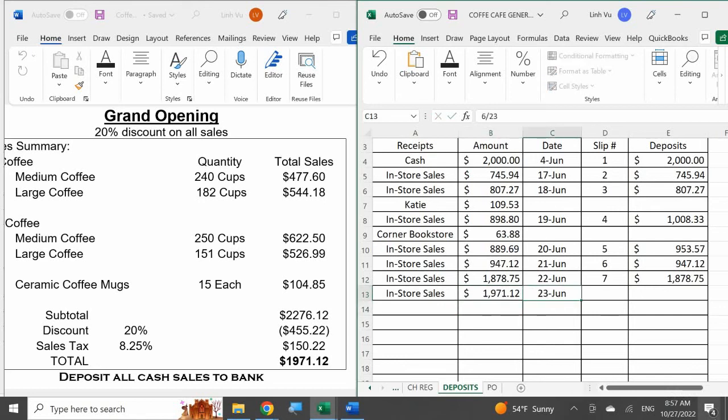Today is the 23rd. This is deposit number 8 for the same exact amount. Good.